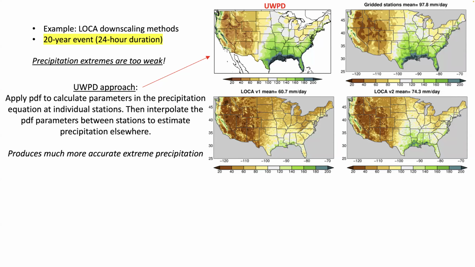And then Dave interpolates these PDF parameters between stations to estimate the precipitation elsewhere in between those stations. When you look at the outcome of that, this is the UWPD version of these 20-year, 24-hour duration storms, and they look extremely good compared with observations. They definitely capture the Gulf influence, the eastern seaboard, very much like observations, and much superior to the LOCA results.